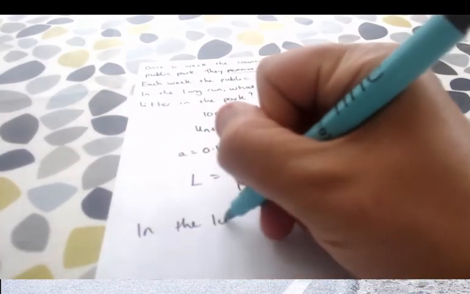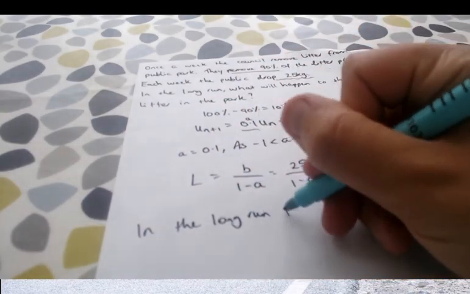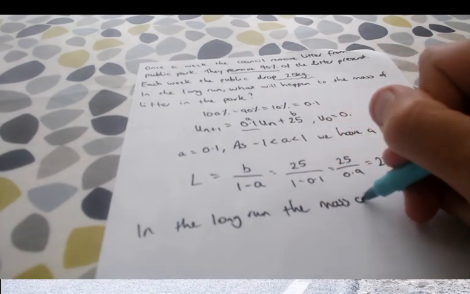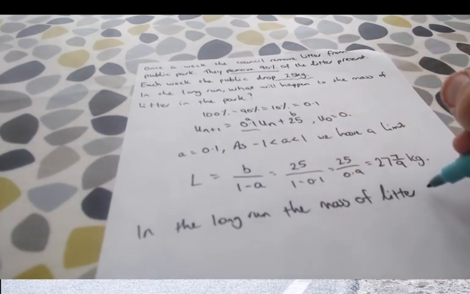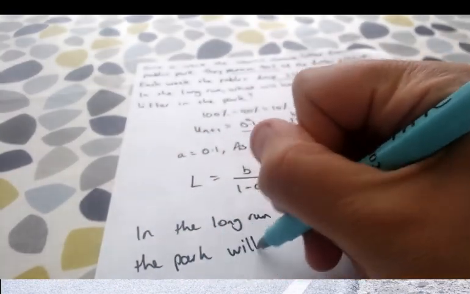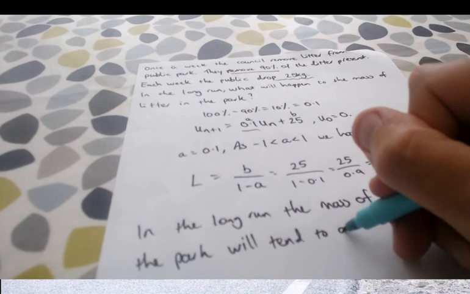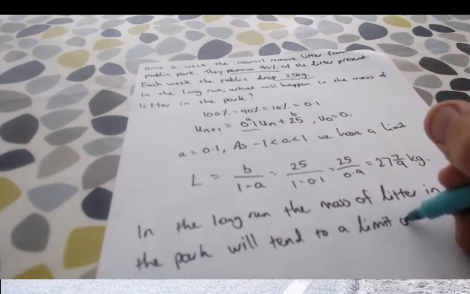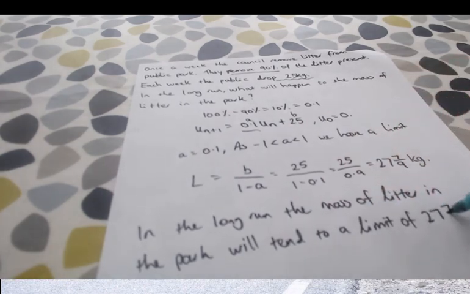In the long run, the mass of litter in the park will tend to a limit of 27 and 7/9. So it doesn't matter, every week the council come and remove 90% of the litter, and every week we will eventually have 27 and 7/9 kilogram of litter in the park.